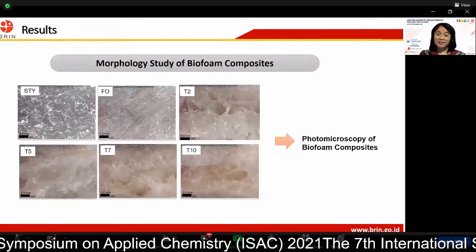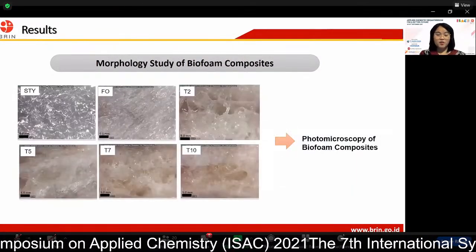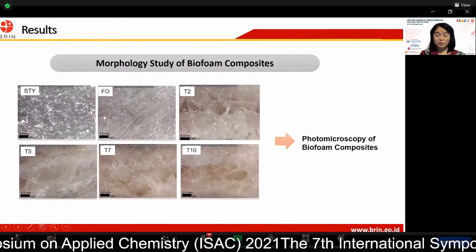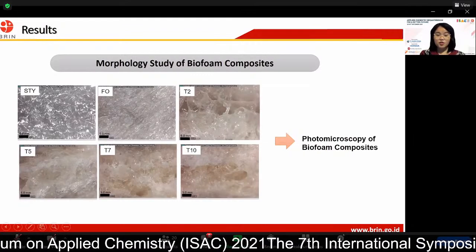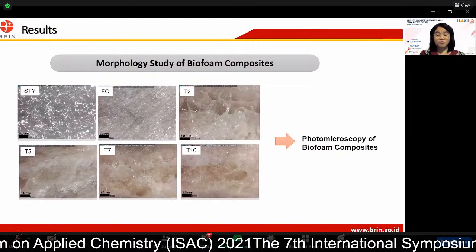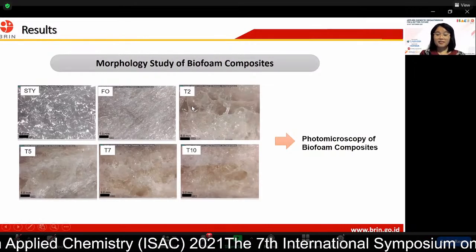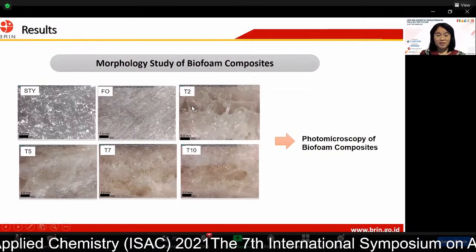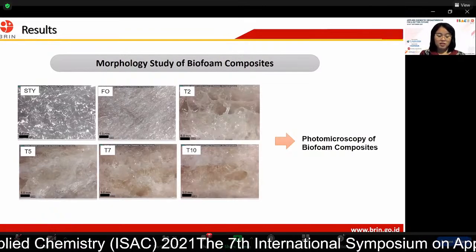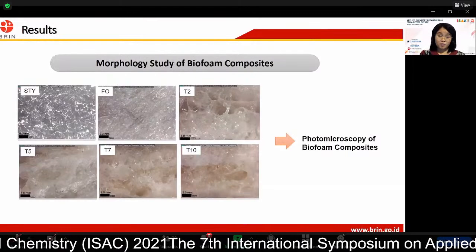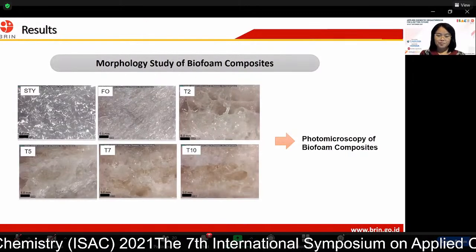So the next one is the result for the morphology. You can see here that F0, which is the neat foam of the starch, shows a regular morphology, while when we add the microfiber cellulose, there is a disturbed morphology with irregular pores and bigger pores.